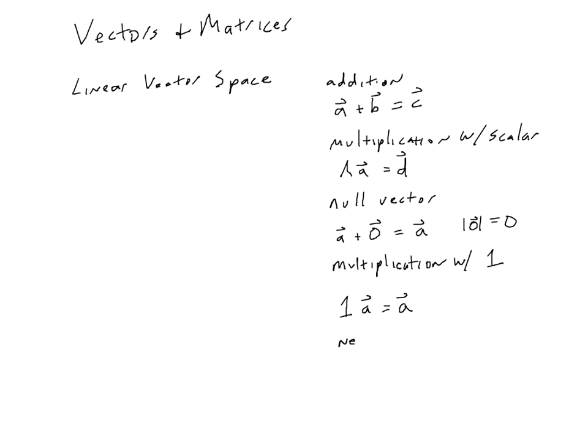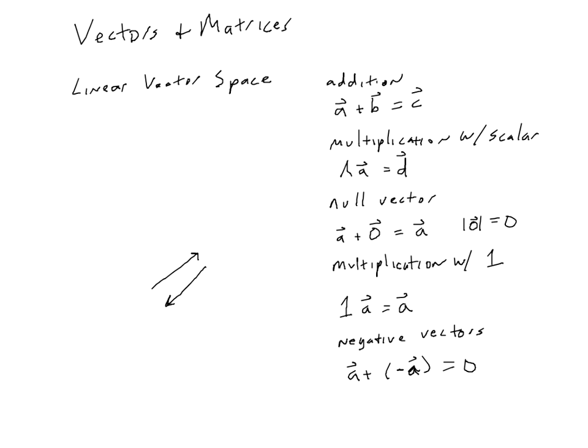And then you also have negative vectors. The basic idea is if you take a vector and add to it a negative vector, you get back 0. As you remember from your previous classes, to take a negative vector, you just take your vector and put the arrow on the other side.